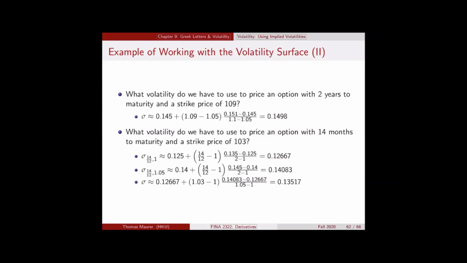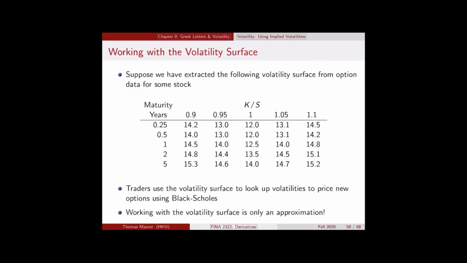I do a similar thing to figure out the volatility of an option with 14 months to maturity and a moneyness of 1.05. I interpolate between these two values over here. To figure out the slope, I take this 14.5% minus the 14%, divided by the 1 year difference in maturity, so divided by 1.